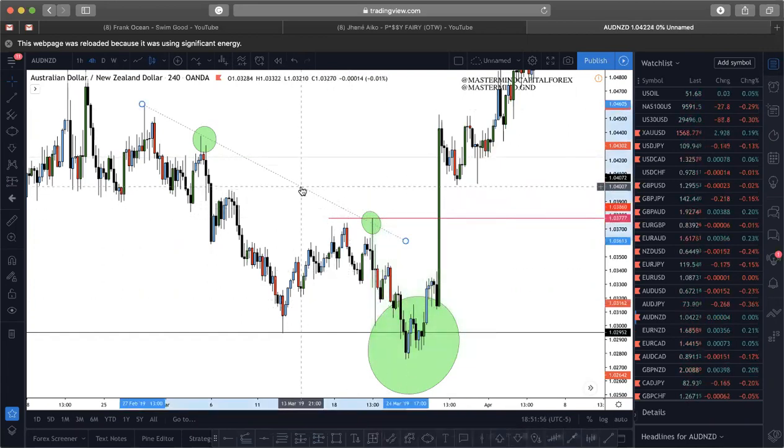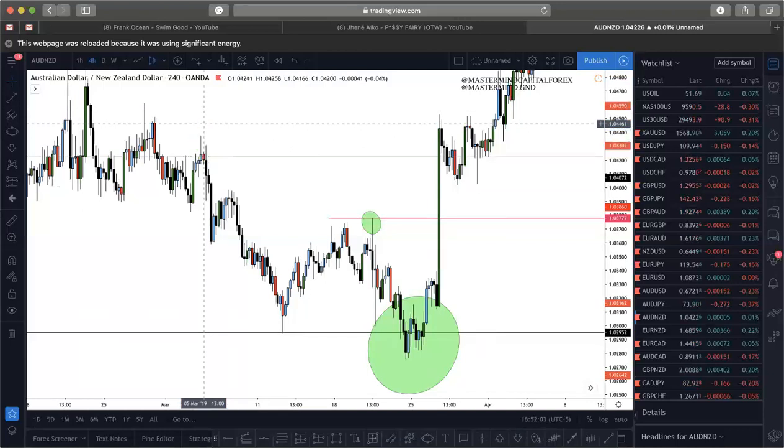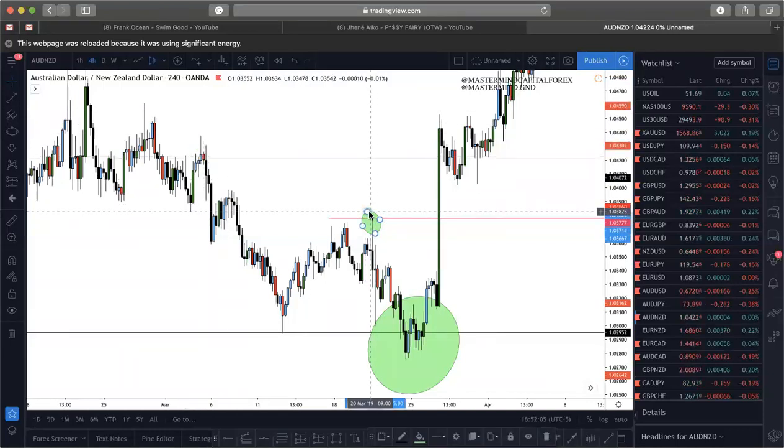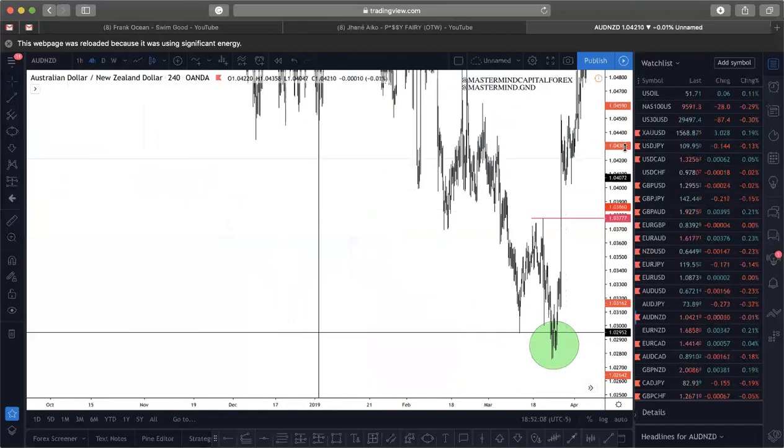So the same way it is for a bearish trend, a downtrend, the same way is for an uptrend, right? Well, let's see if we can find a few uptrend examples.